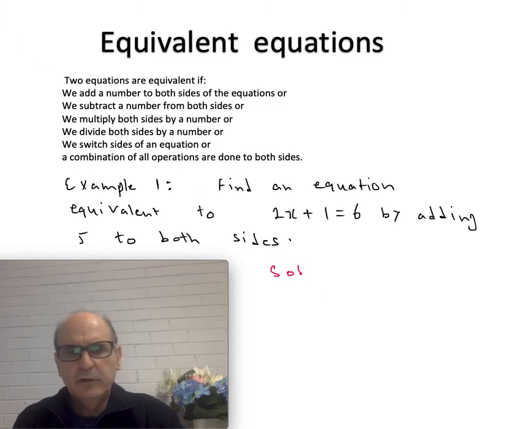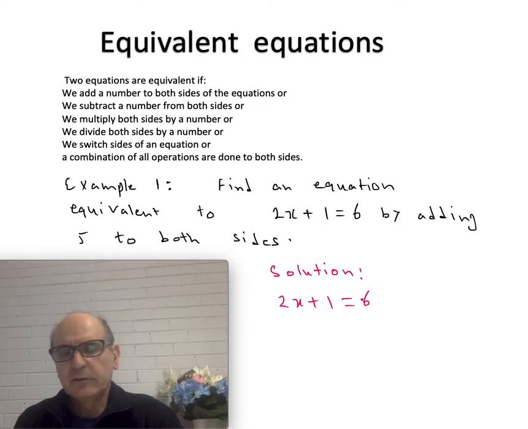Alright, what we are going to do is add 5 to both sides. I write the original equation. This is one side of the equation, which we call the left-hand side, located to the left of the equality sign.